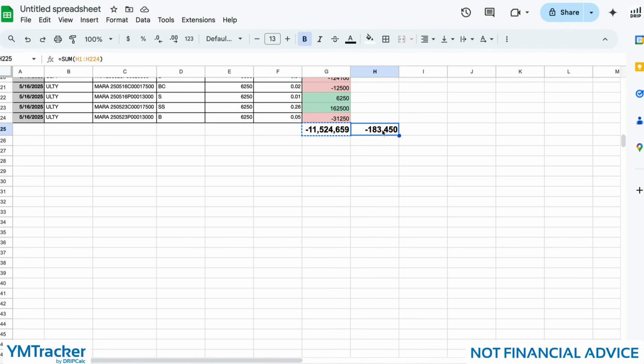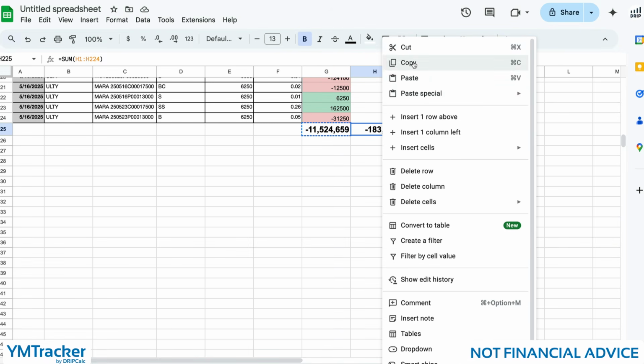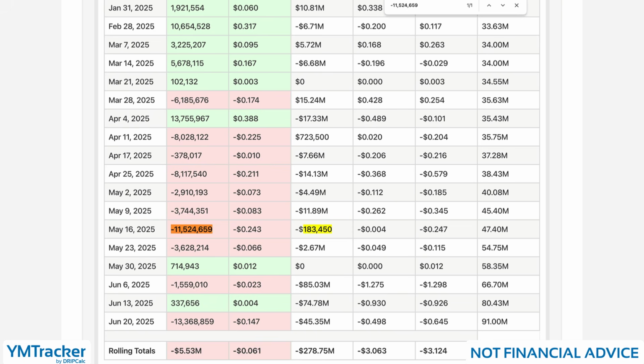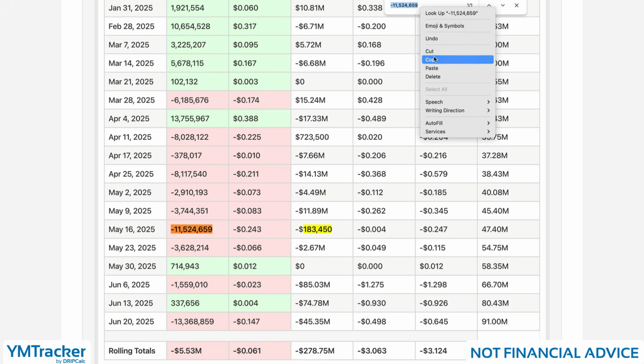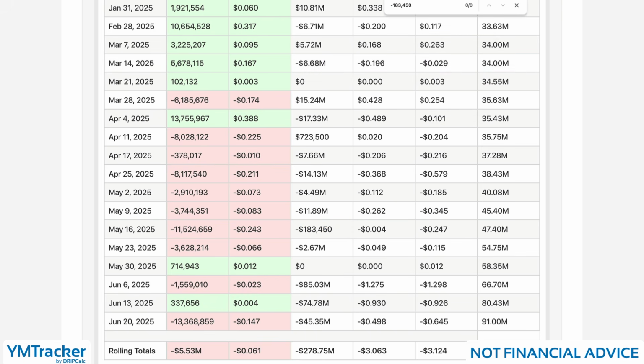So we go back here, we copy this field, go back here, paste it. Okay, here it shows $1 off. That's why we cannot find it. So we add $1 and we have a match. Okay, so May 16th is verified.